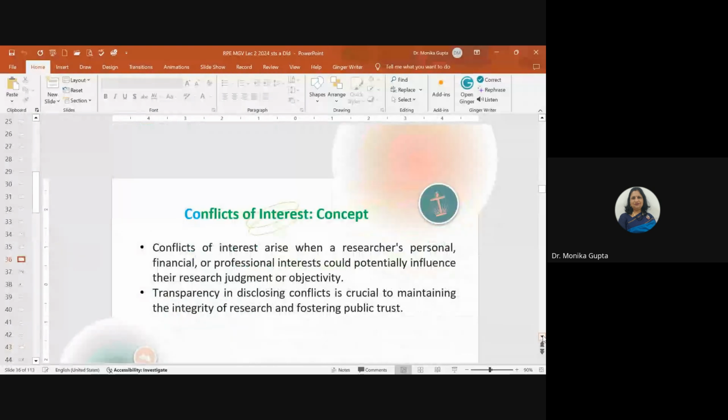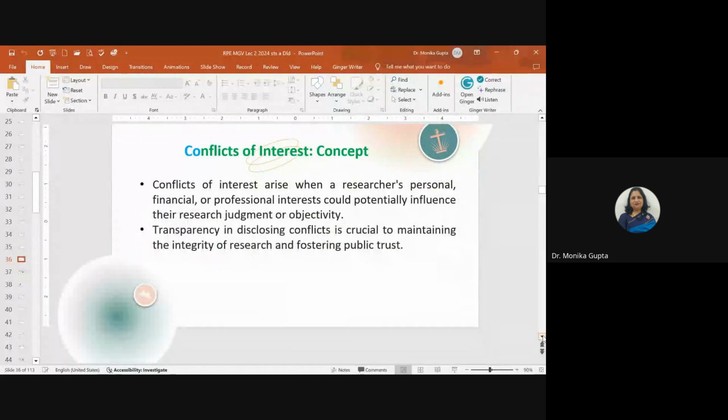Okay. So what is the concept of conflicts of interest that we all are, I think, aware of? It occurs when a researcher's personal or professional ties could potentially bias their research findings.